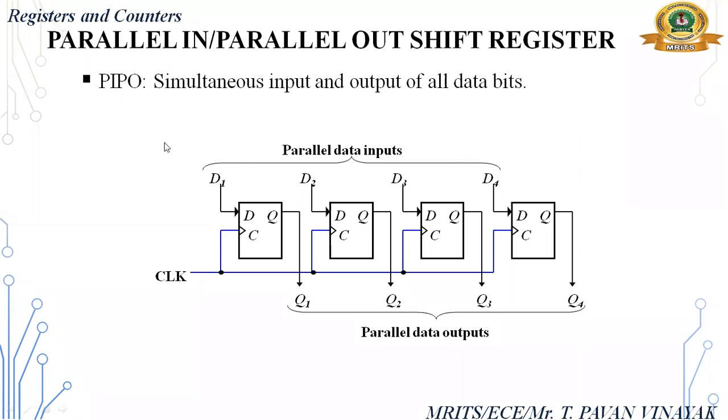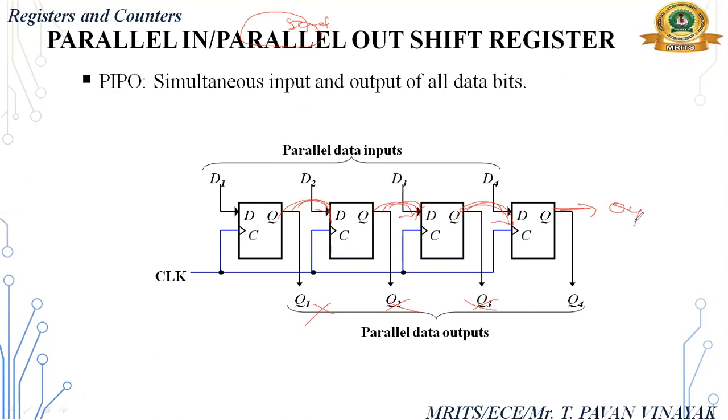Next, to design a parallel in, serial out. Serial out means we take output only at Q4. We don't take outputs at the other flip flops. But there is no shifting of data here.